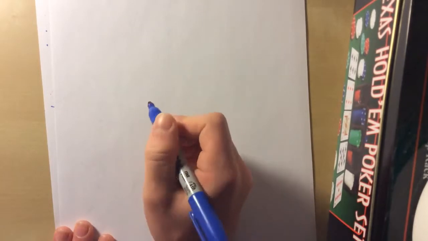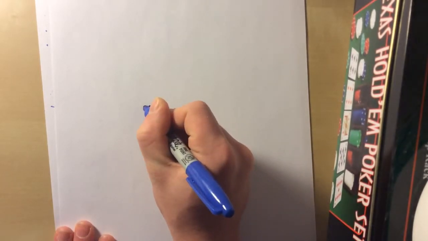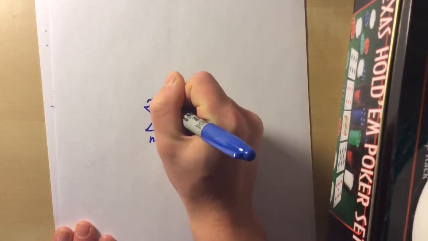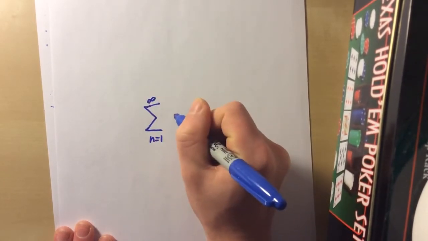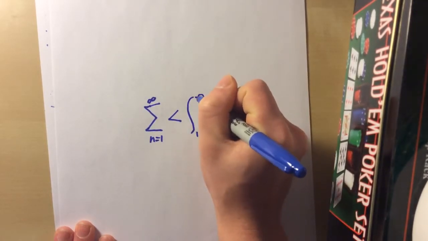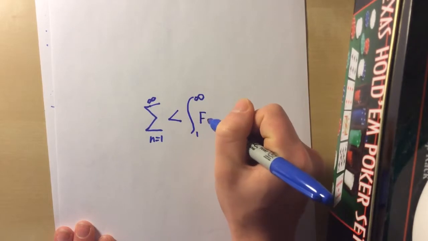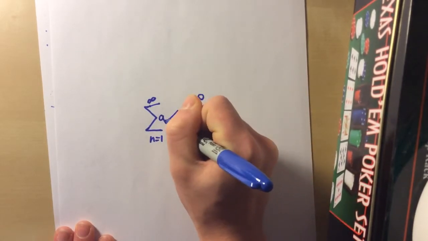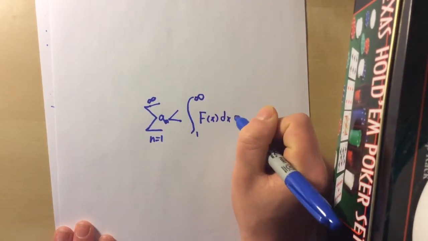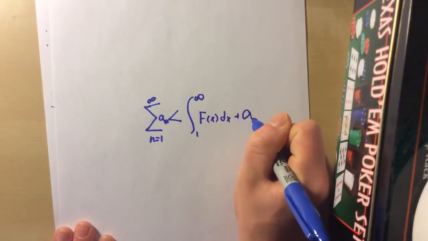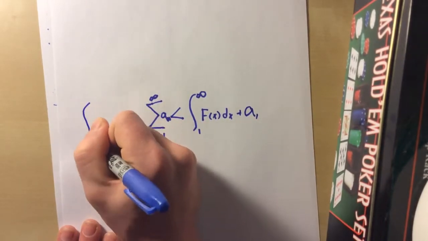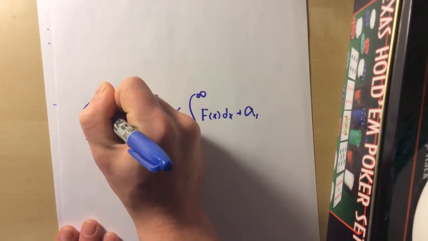So what we proved just then is that our series from 1 to infinity of a sub n is going to be less than our integral from 1 to infinity plus our first term, and it's going to be greater than the integral by itself.